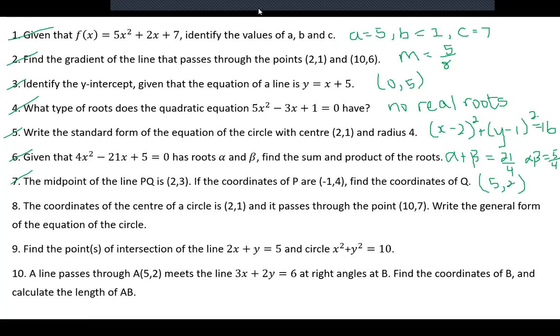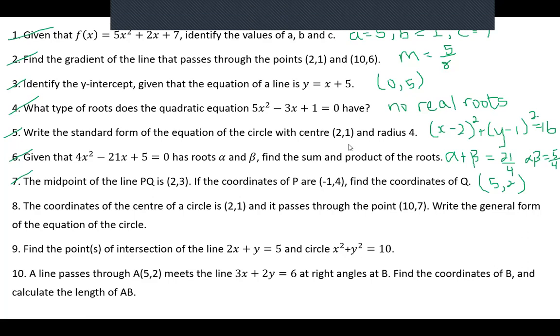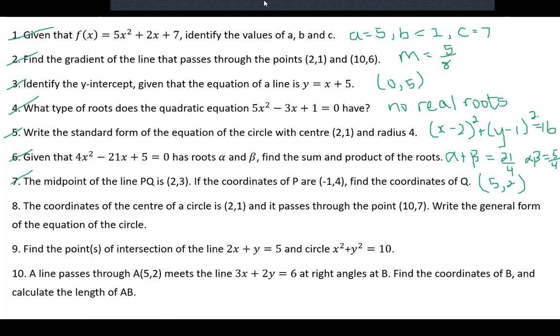Okay, 1 more minute for this question, and then I'll go through it. I don't have any correct answers yet.